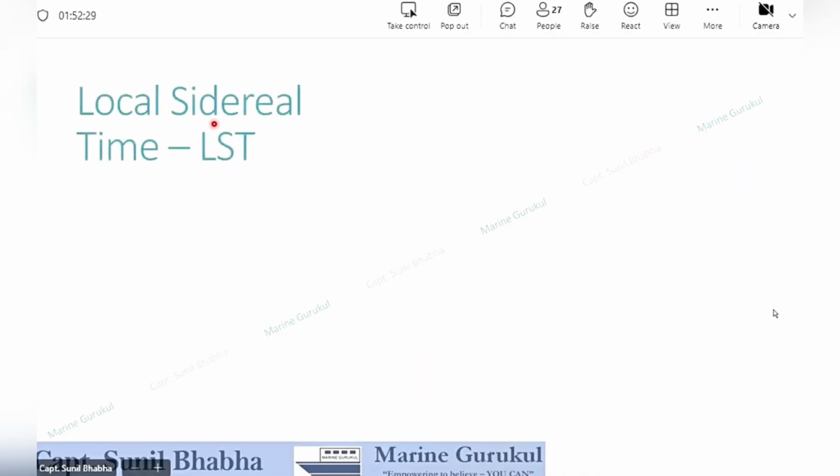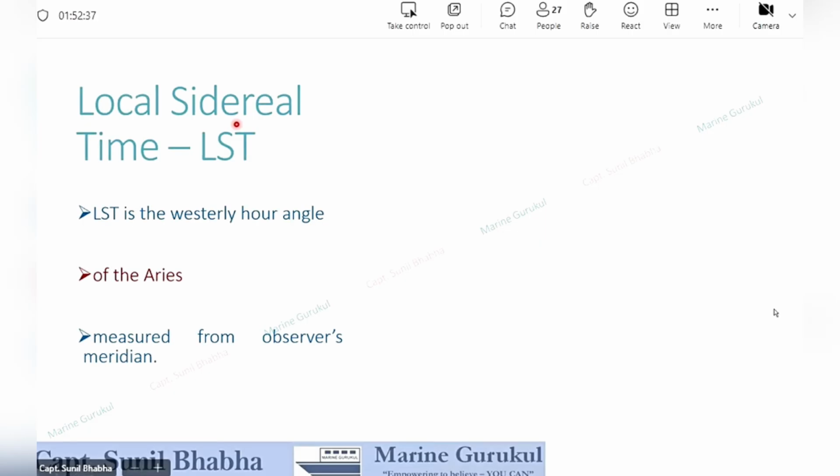Now let's move on to the sidereal times, local sidereal time LST and Greenwich sidereal time GST. Local sidereal time, or LST, is the westerly hour angle of the Aries measured from the observer's meridian. Now we are aware that the word sidereal means referenced to first point of Aries.